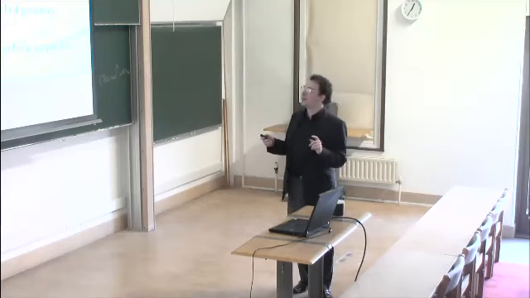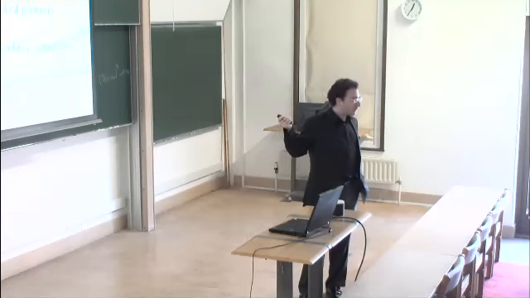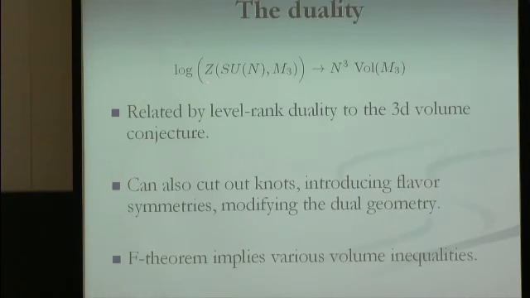So, in other words, if I didn't know anything about level rank duality, I would still make this conjecture. The logic of the conjecture is you use this AGT type relation to get this, and you use the holographic calculation to get that, and they should be equal.